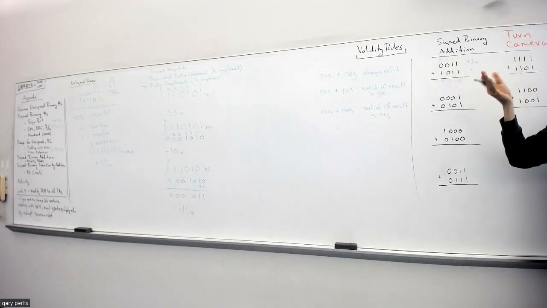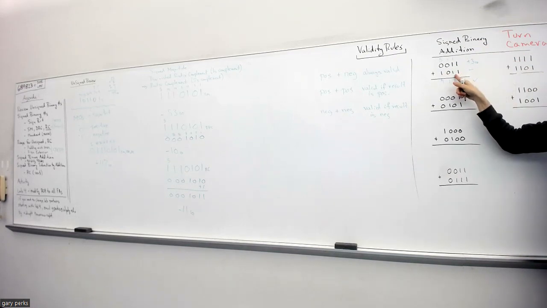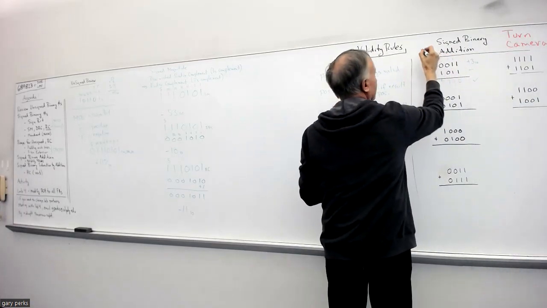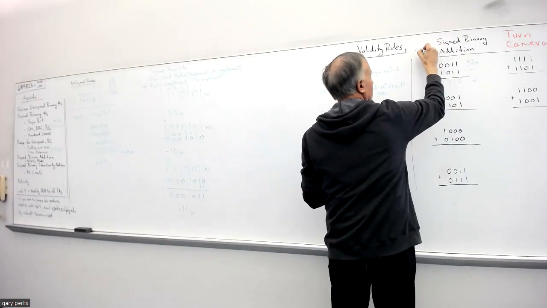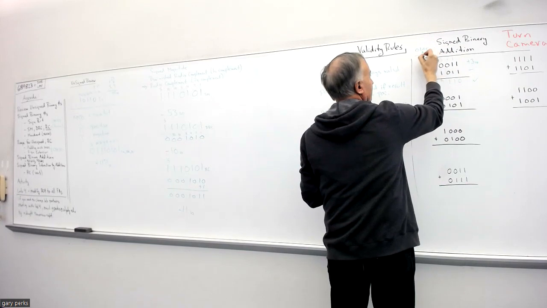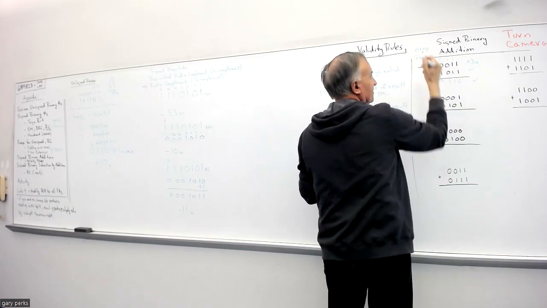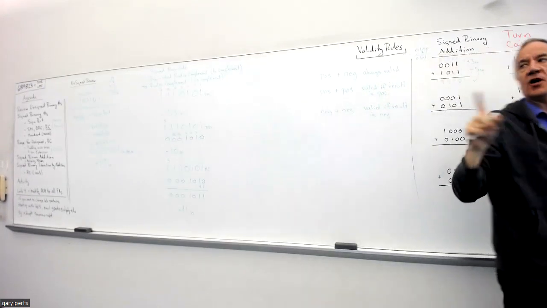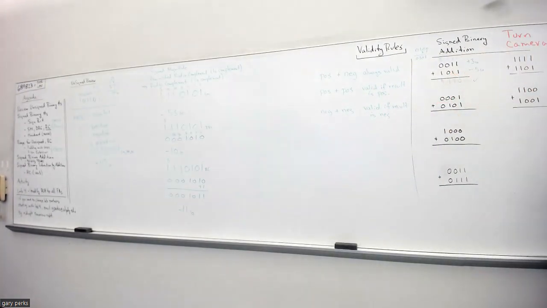Since it's negative, what do you have to do to get the magnitude of it? You have to flip it, and add 1. If I take this and flip it, I get 0100, and then I add 1, 0101, that's 5. So 1011 in two's complement is minus 5 in base 10.